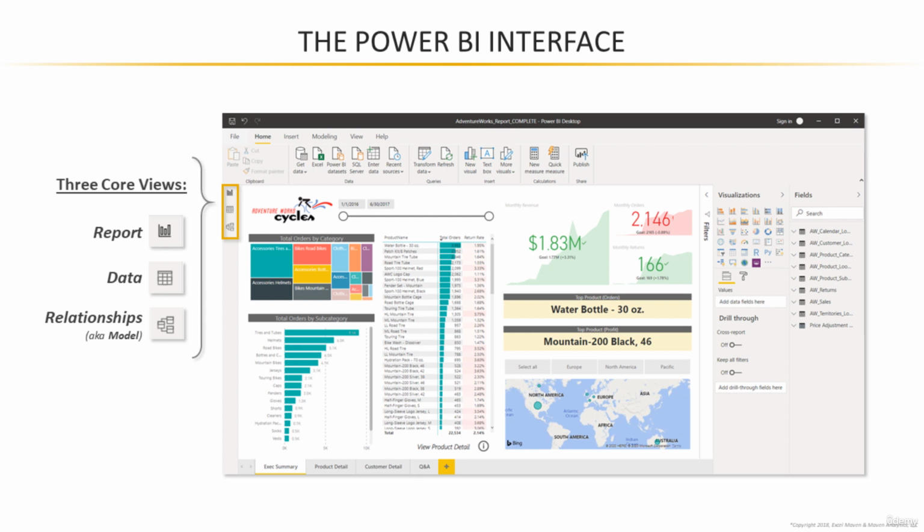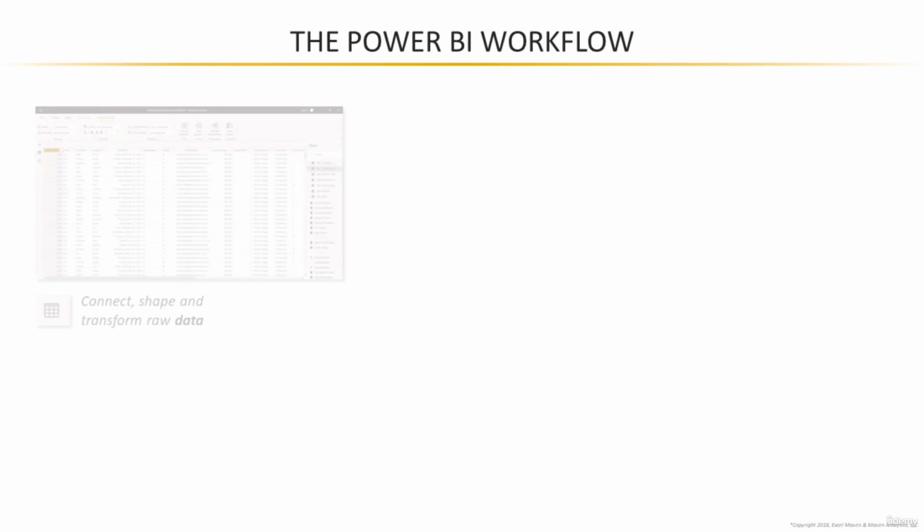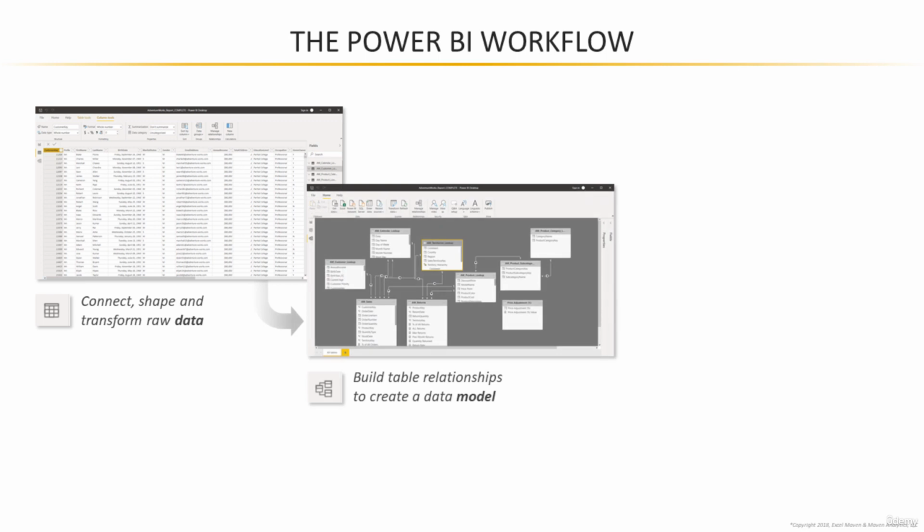Now, when we think about the Power BI and broad business intelligence workflow, it actually doesn't really follow this order. We don't start with the report and then move into data and relationships. We're going to follow a different process. Instead, we're going to start with the data view and the query editor. This is where we're going to connect, shape, and transform that raw data. Once we have our data, we're going to shift gears into the relationships view.